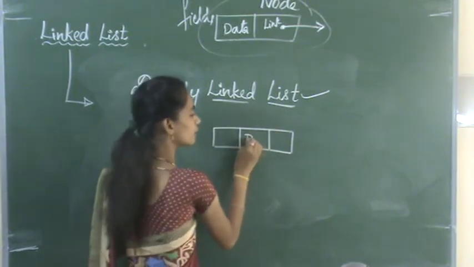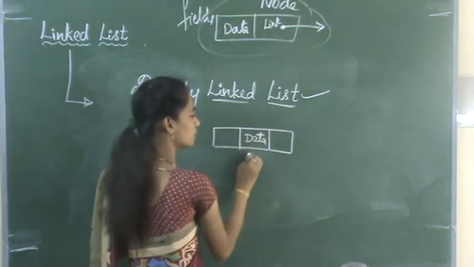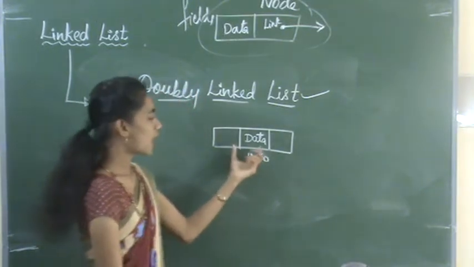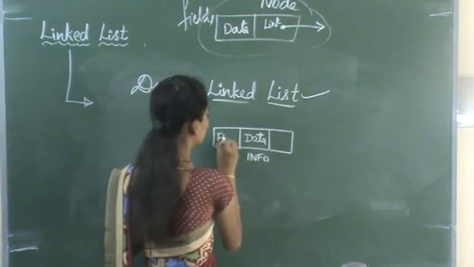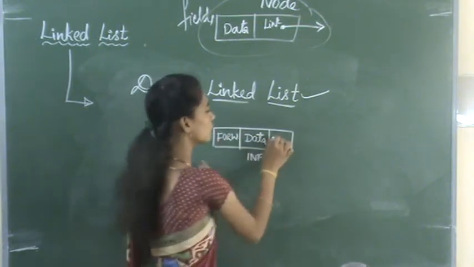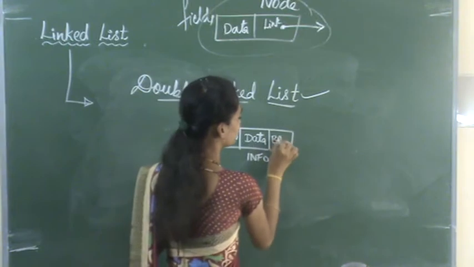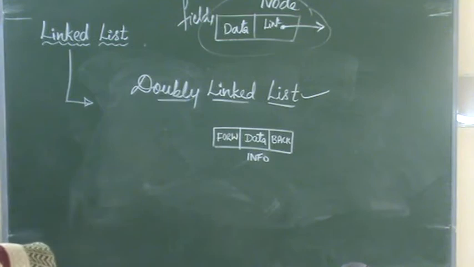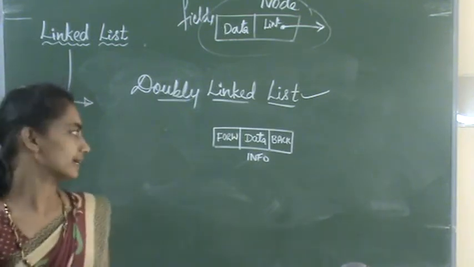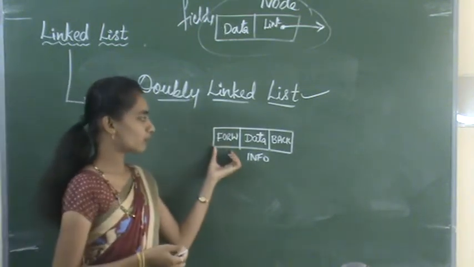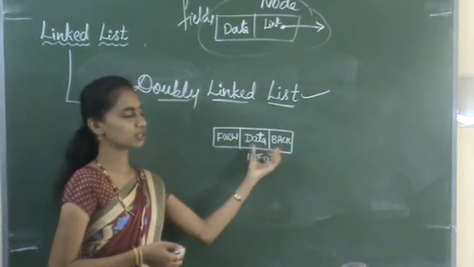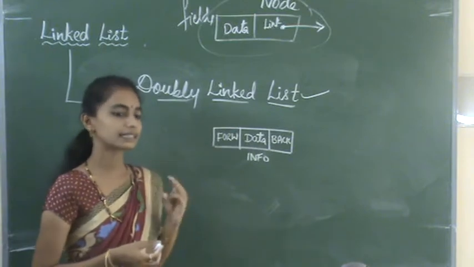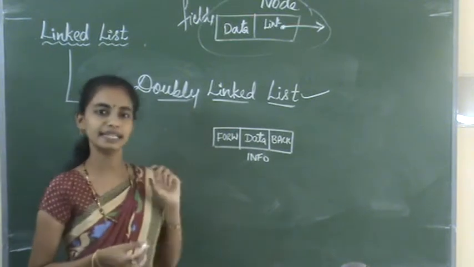One is the data field, or we can call it the information field, both are the same, and we have the forward and backward fields. So these are the three fields present in a doubly linked list.